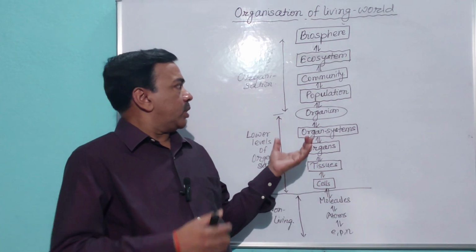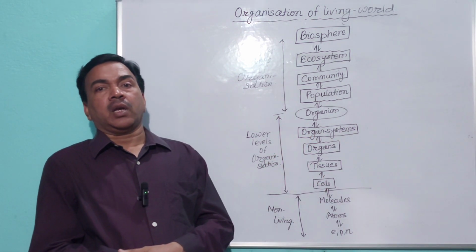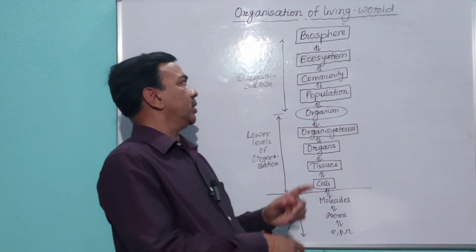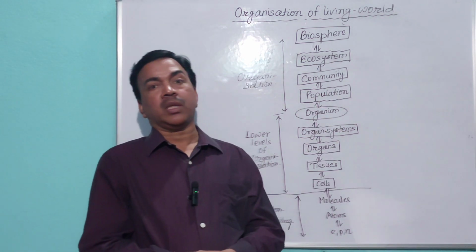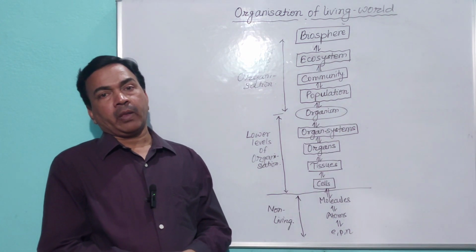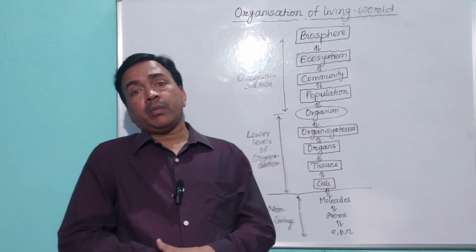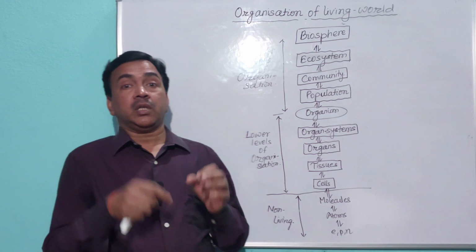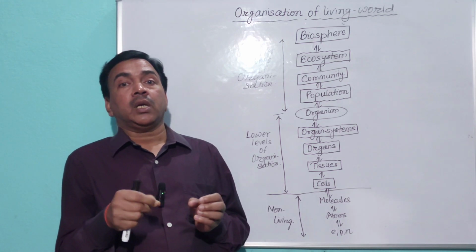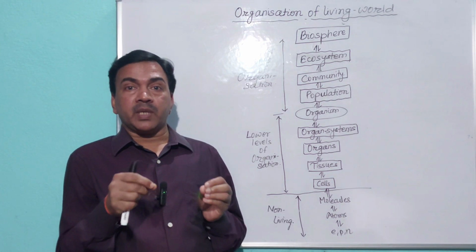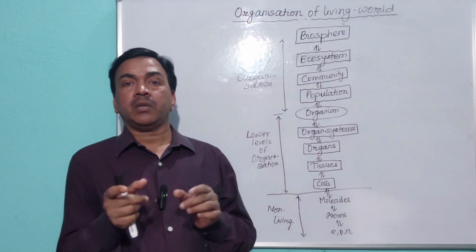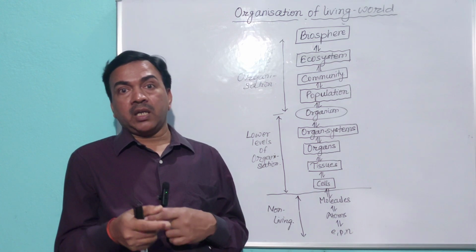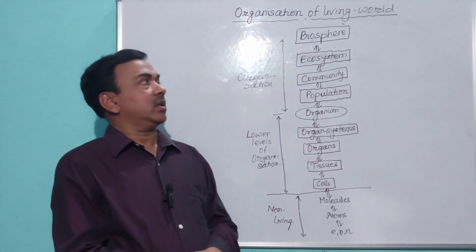The populations of different organisms constitute the next level, that is community. So community is a group of different types of populations, of different species living in an area and interacting with each other.